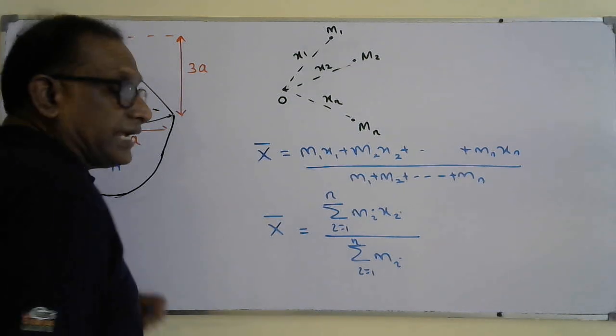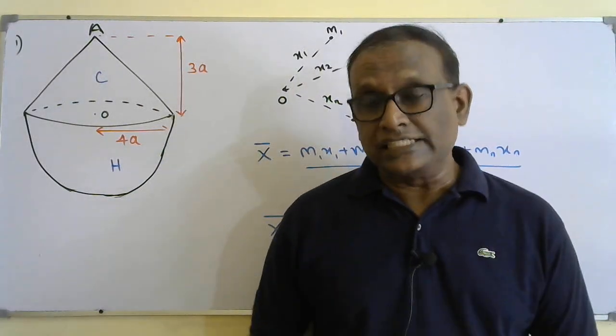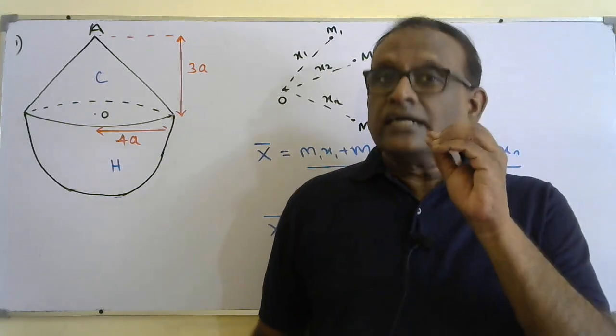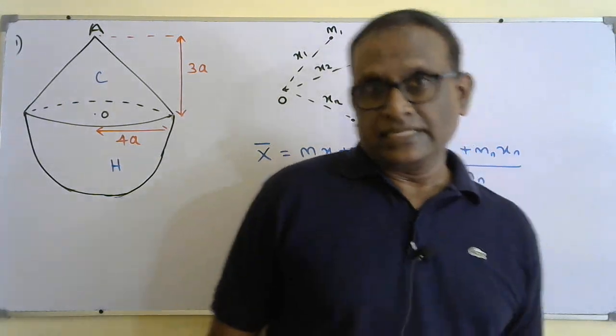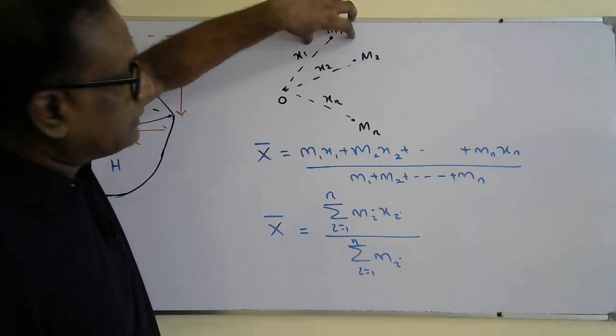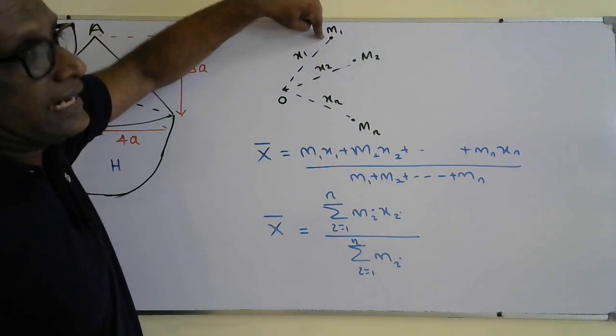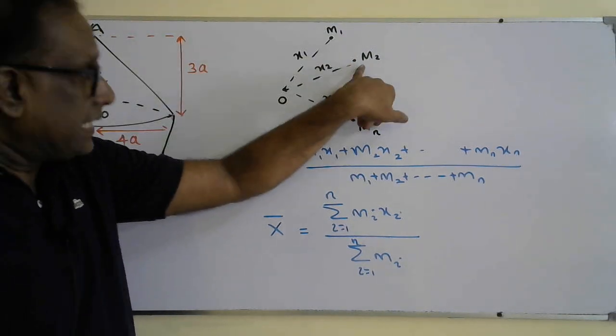But the same thing we can use for the center of mass of a system of objects when we know the exact point of the center of mass of each and every object. It could be different objects. So there's a big object, but its center of mass is at this point, so its distance from O is x1. There's another object.